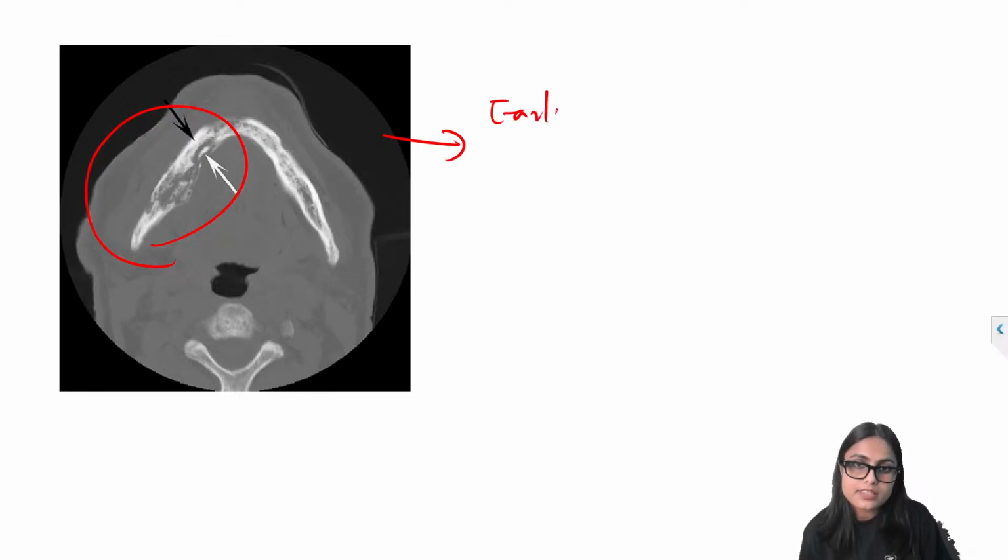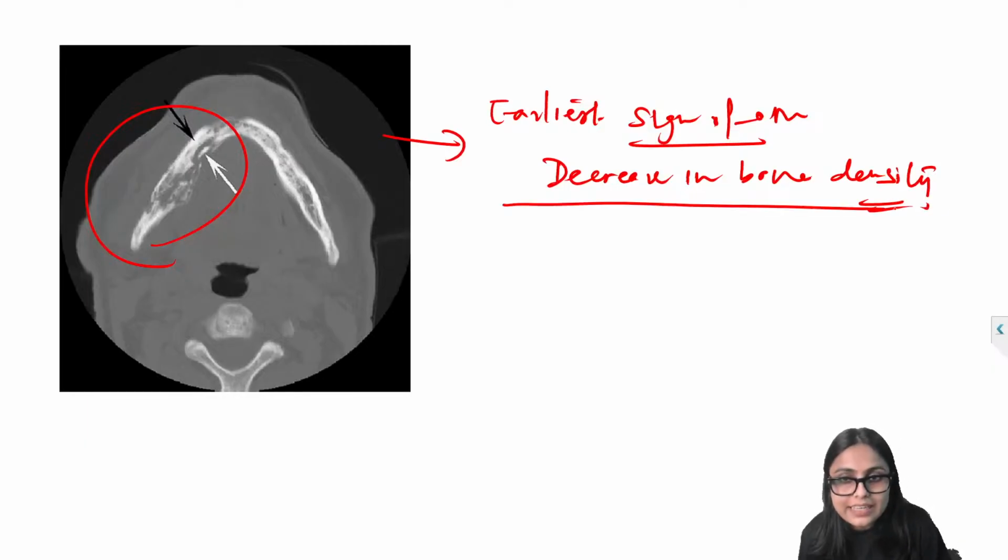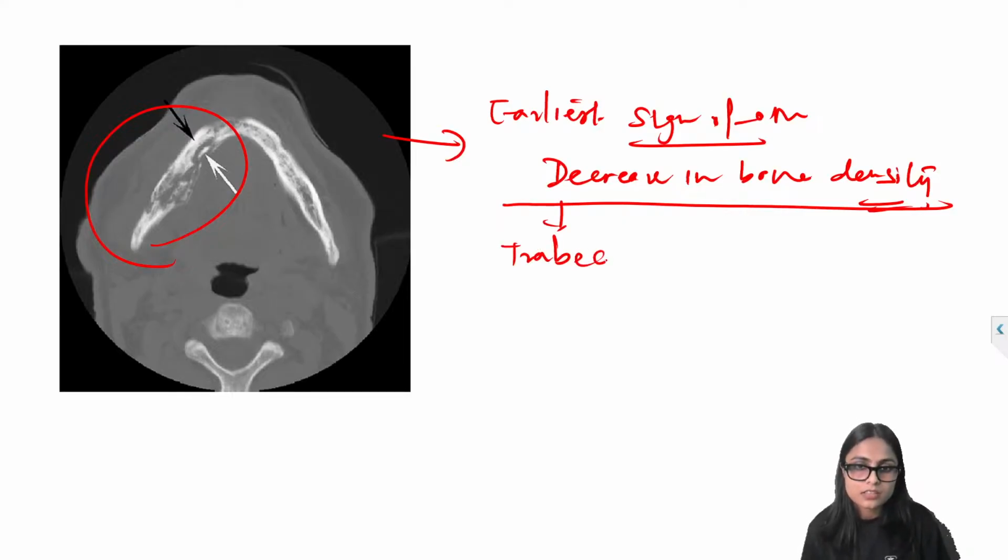The earliest sign of osteomyelitis is nothing but decrease in bone density. Correct? Now, this decrease in bone density will make the trabeculae appear fuzzy.